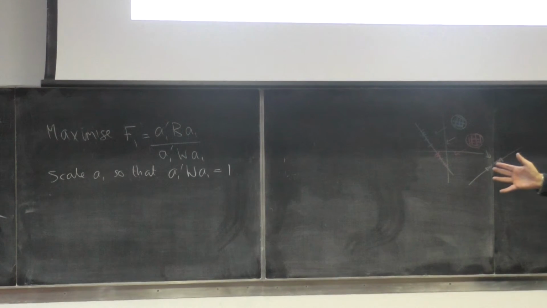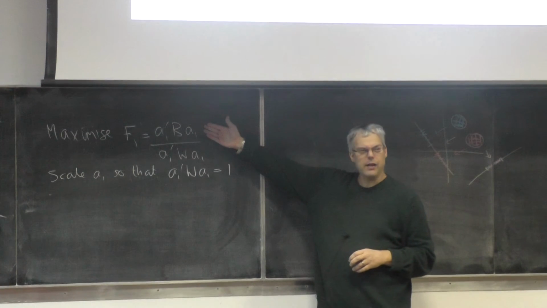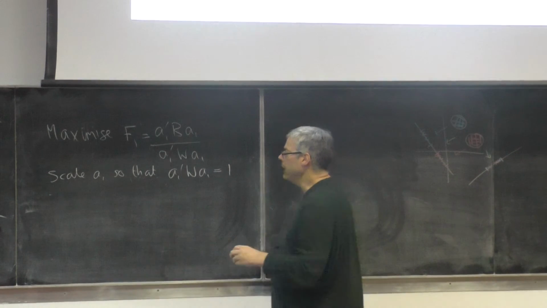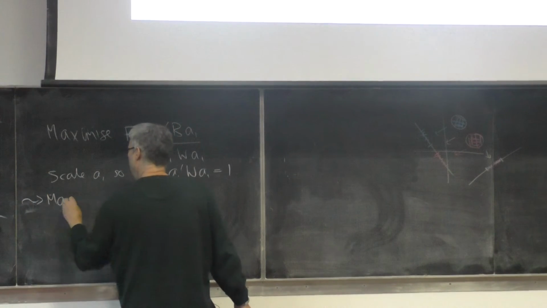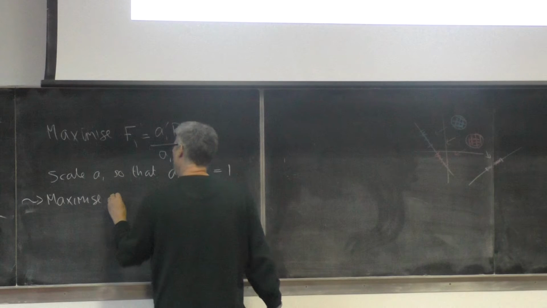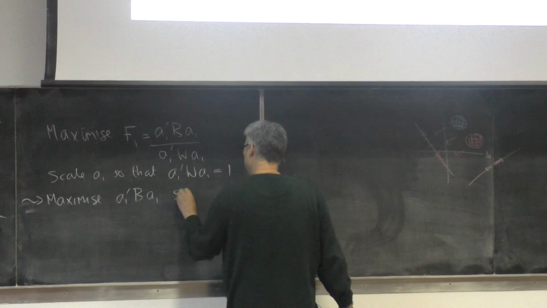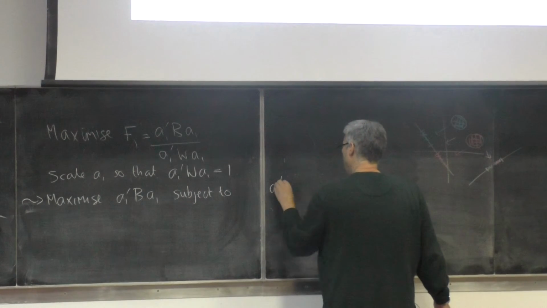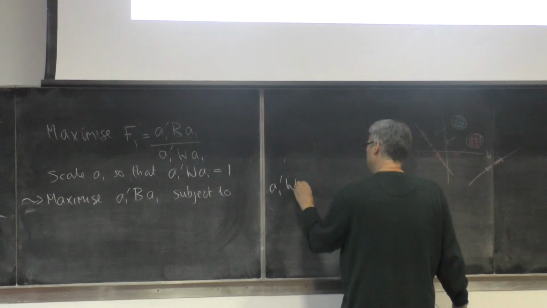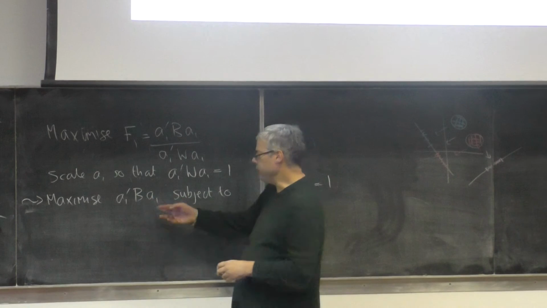And so then F itself is going to simplify a lot, of course. So in fact, we maximise a dash B a subject to a dash W a equals 1, and then this is our value of F.